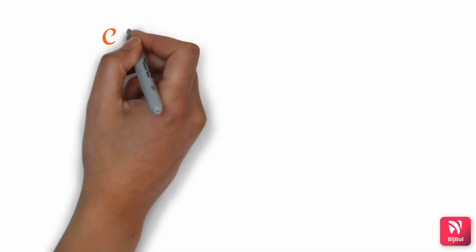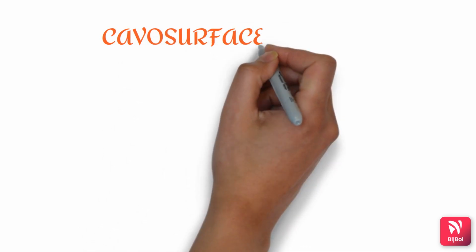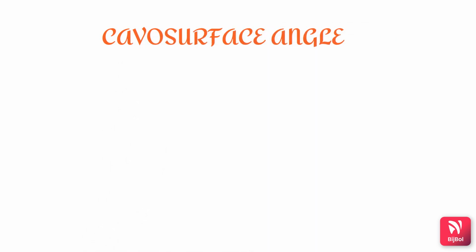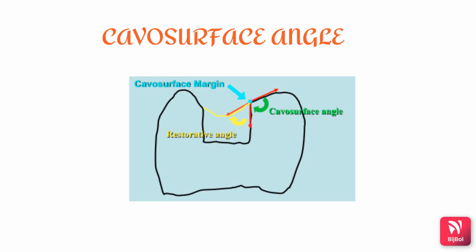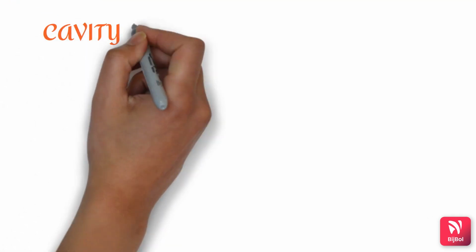Next would be the cavosurface angle. This refers to the angle of the tooth structure formed by the junction of a prepared wall and the external tooth. The actual junction of the prepared wall and the external tooth surface is called the cavosurface margin. Now we'll see the cavity preparation objectives.